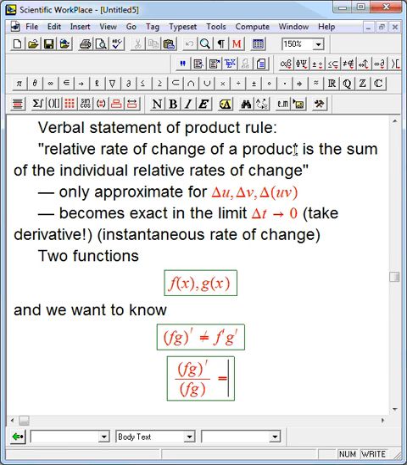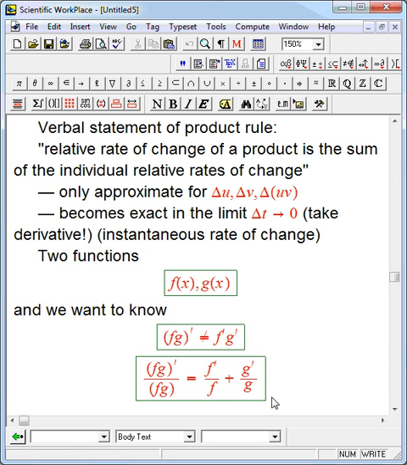So that's the relative rate of a product. Now, what's the relative rate of change of the first guy? It's the rate of change, f prime over f. Plus, there's the sum, g prime over g. Okay, that's the product rule. That's the product rule in a beautiful, beautiful form. Relative rate of change of a product, with the thing in the denominator here making it relative, is the sum of the relative rates of change of the individual quantities.